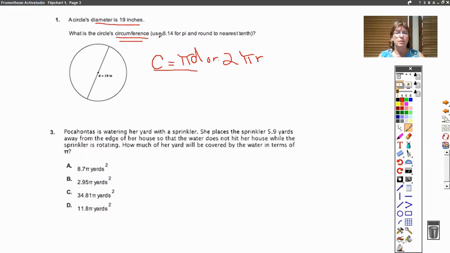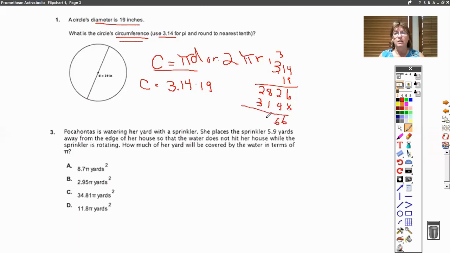And I just replace it. They want us to use 3.14 for pi, so that's pi times d, which is 19. And then I just do the math. 3.14 times 19 is 6, carry the 3, 9, 10, 11, 12, and then 27, 28, and then 4, 3, and then I'm going to add these.